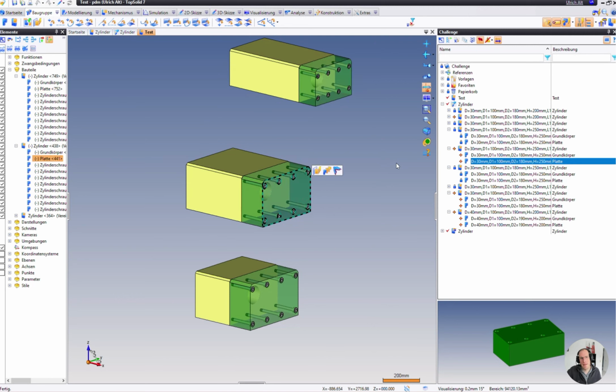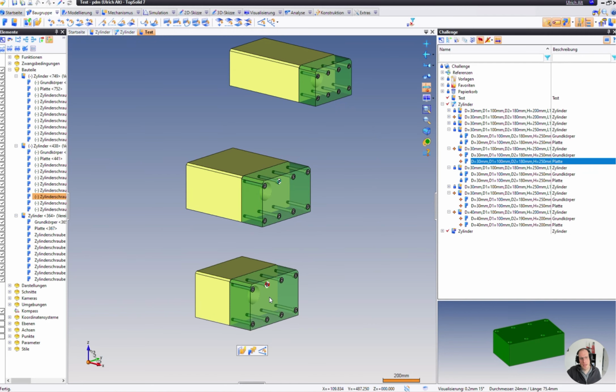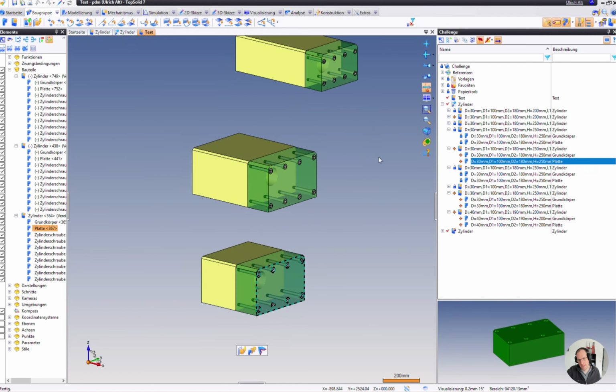That is one thing. So we won't be able to find out that this part and this part are actually the same.